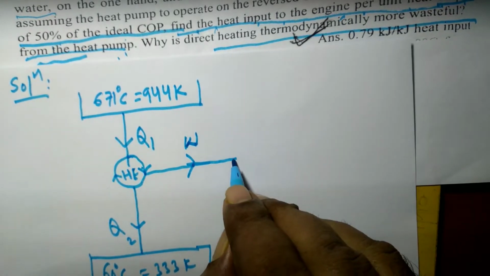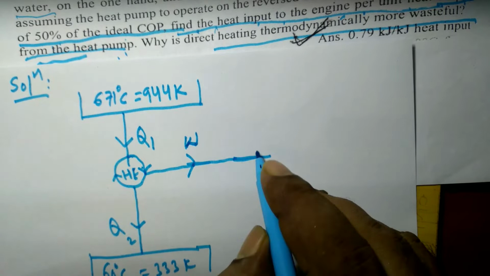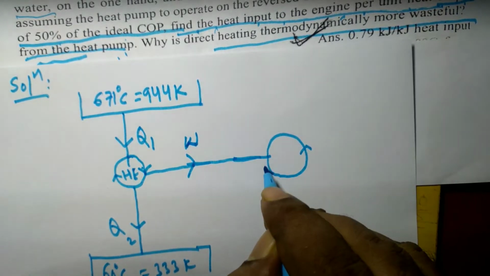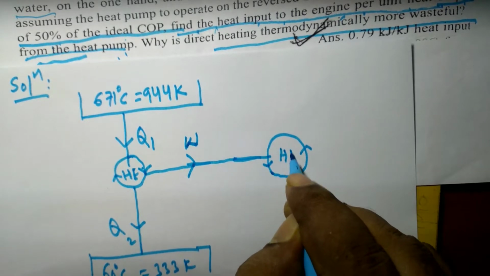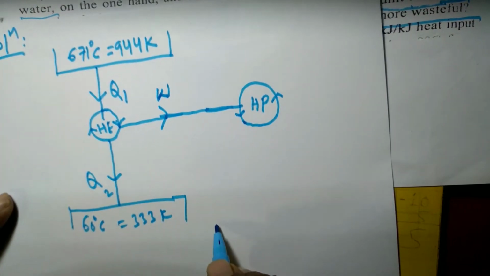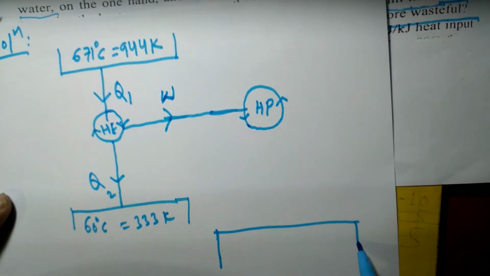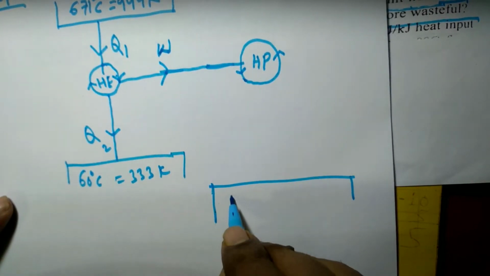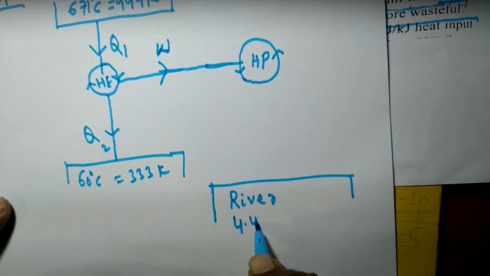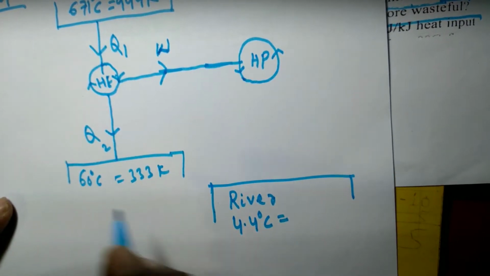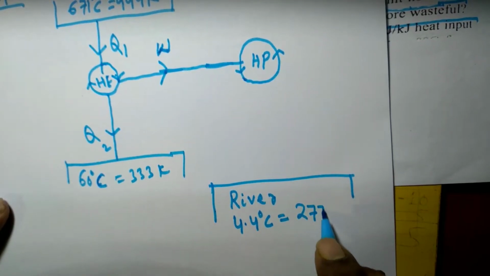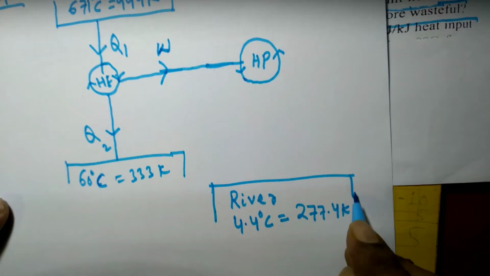Heat engine is a work producing machine, and this work is used to drive a heat pump. Heat pump is an anti-clockwise device, and it is a work consuming device. Heat pump transfers heat from the low temperature reservoir, that is the river, of 4.4 degrees Celsius, which is equal to 277.4 Kelvin.